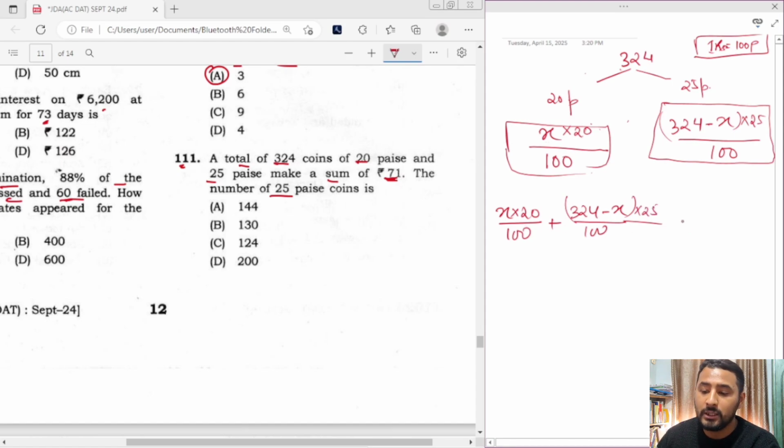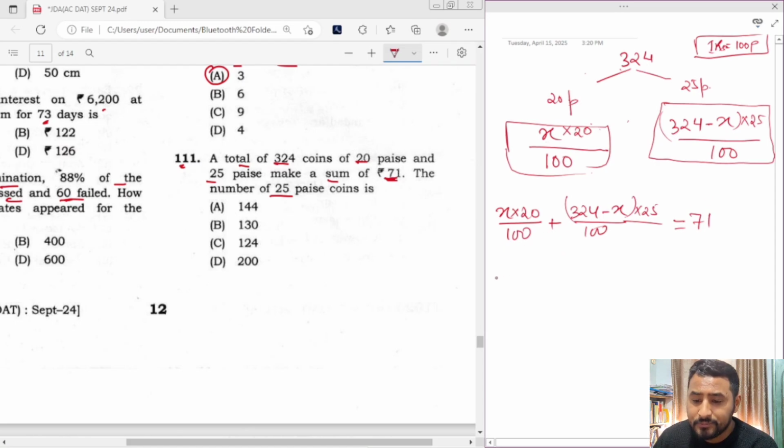When you add these two, you get 71. If you do not want 100 in the denominator and want to convert the whole thing into paise, then you should convert 71 rupees into paise. 71 into 100 will be 7100.